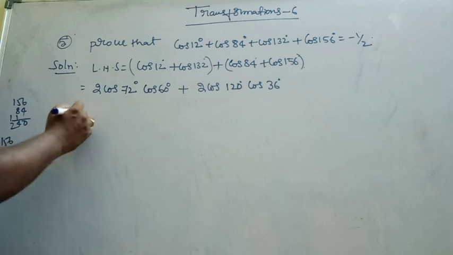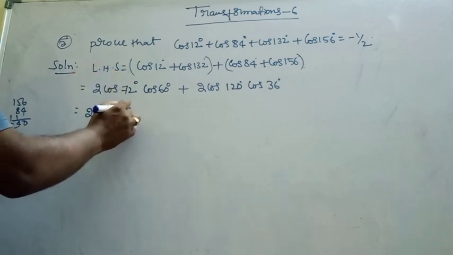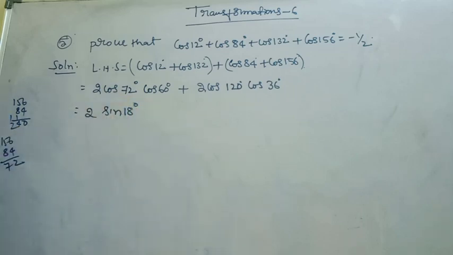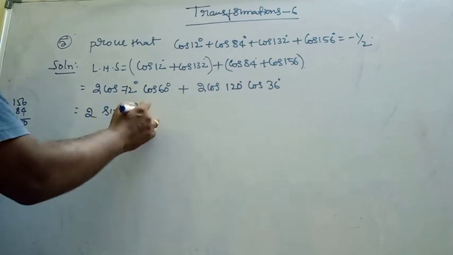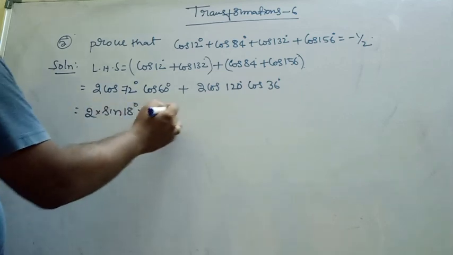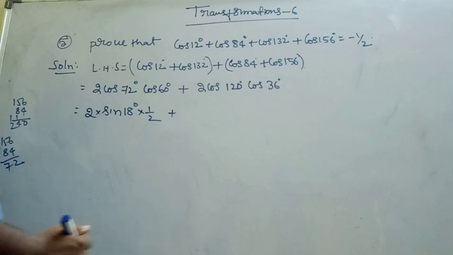Now this becomes 2 into cos 72 degrees, which is equal to sin 18 degrees. Already we told that, because you can write cos 72 as cos of 90 minus 18, that becomes sin 18, and cos 60 degrees value is nothing but 1 by 2, right? Plus 2 cos 120 degrees.